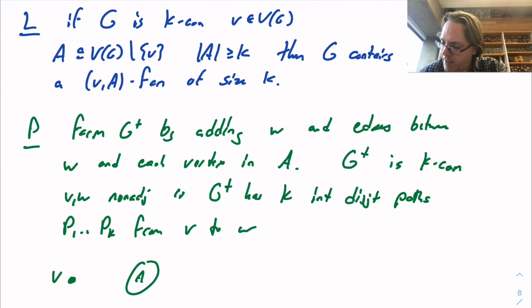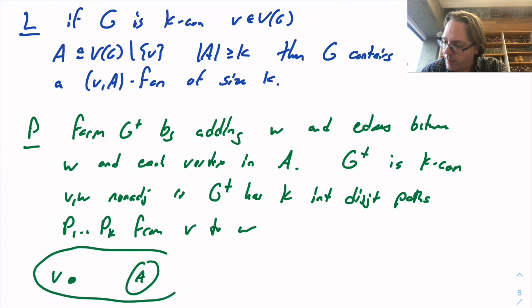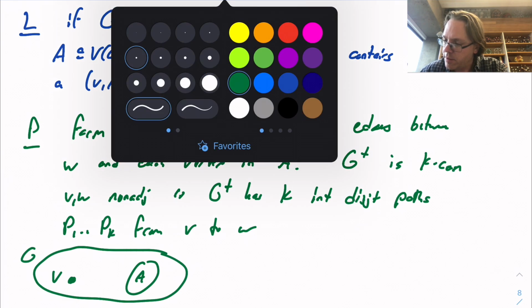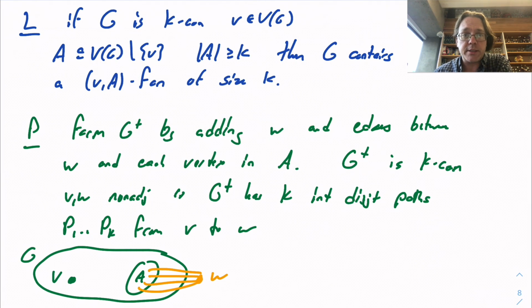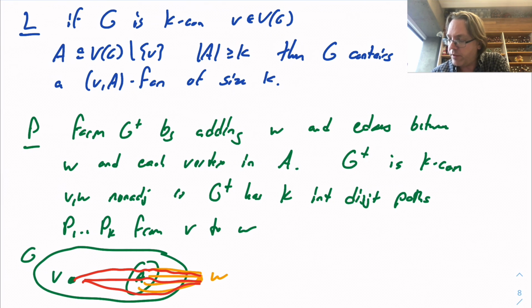So here's V, here's my set A, that's my graph G. We have formed this new graph G plus by adding a new vertex W and all of these edges. Now, in the graph G plus, we have found a family of k internally disjoint VW paths. So they look like this, and this, and this.